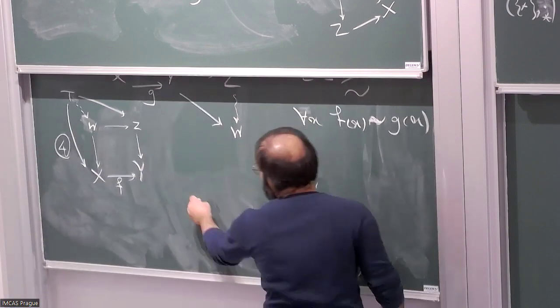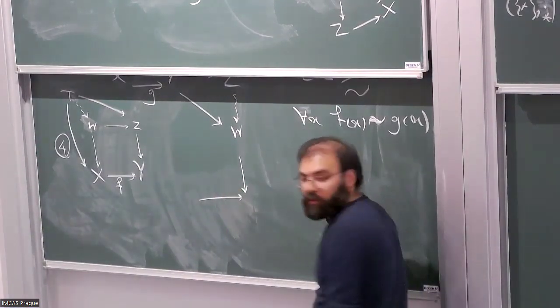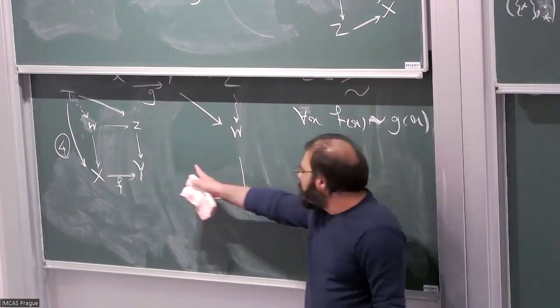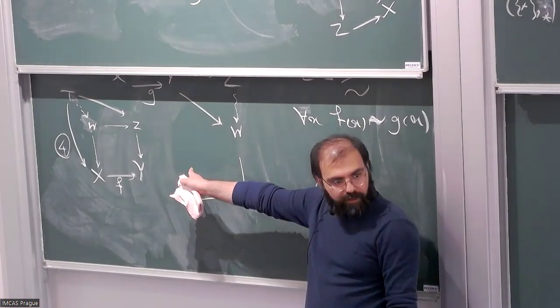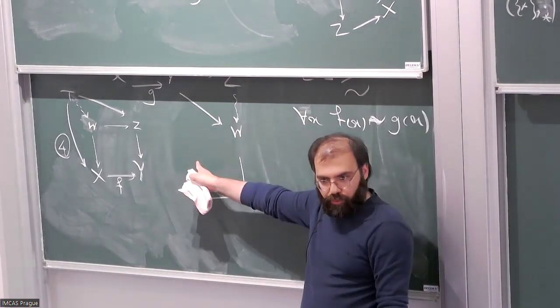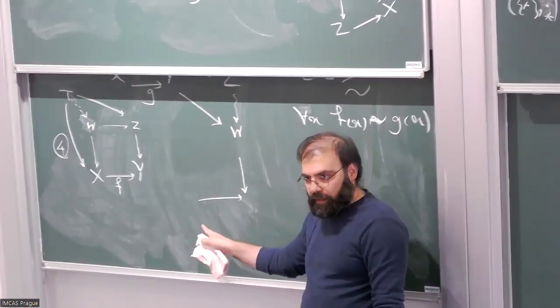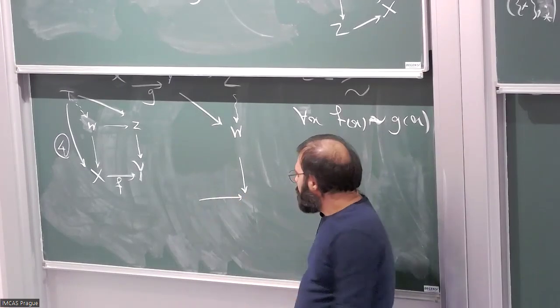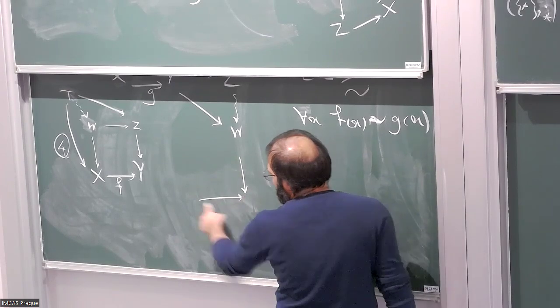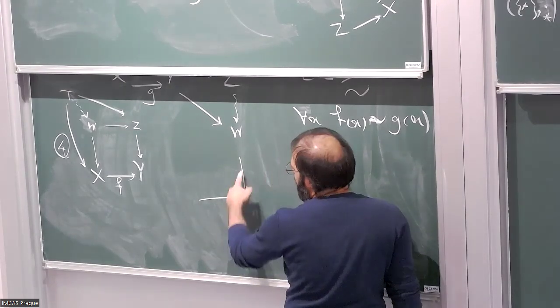So the whole information that you have is something like this. You want to fill this corner in some universal way, right? It should fill the corner and it must be the greatest one, right? So you are actually pulling back this guy along this guy or this guy along that guy.